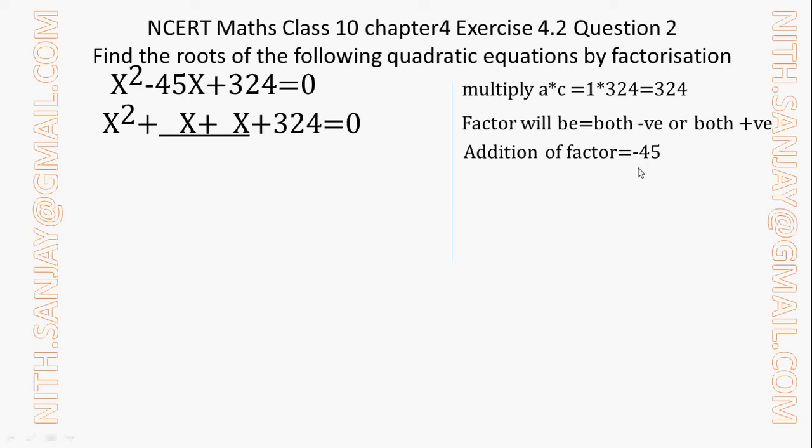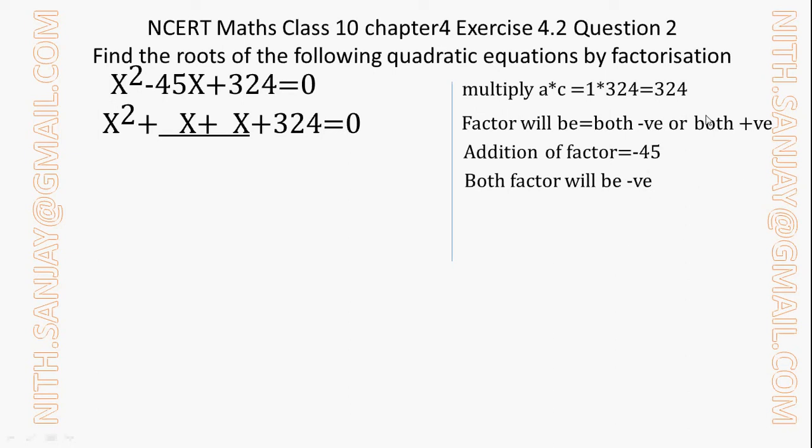So to get a negative addition of two similar numbers, both the numbers have to be negative, because if I add only negative numbers, then I will get the negative addition. I will never get a negative addition by adding two positive numbers. So both the factors will be negative, right? So I think this is clear.